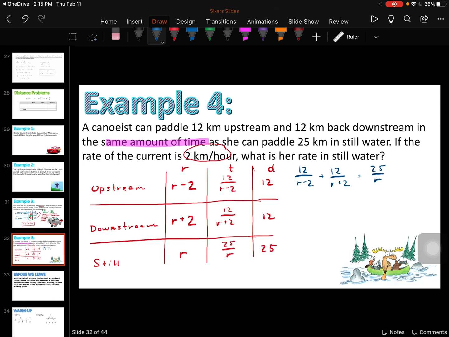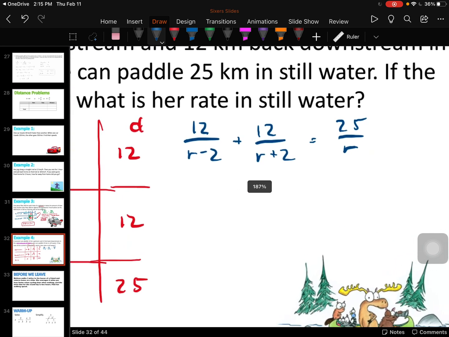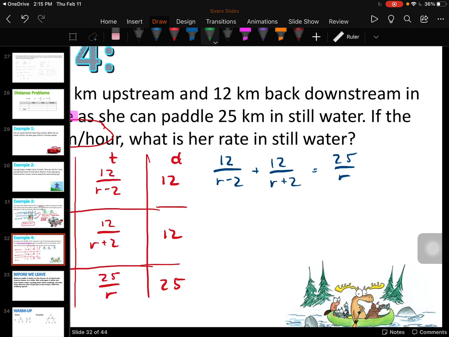25 over r. And to solve this one, it's going to require a little bit more algebra because your LCD is r plus 2, r minus 2, and an r. So everything's going to need to get that. So we're going to put that in the top for each one.